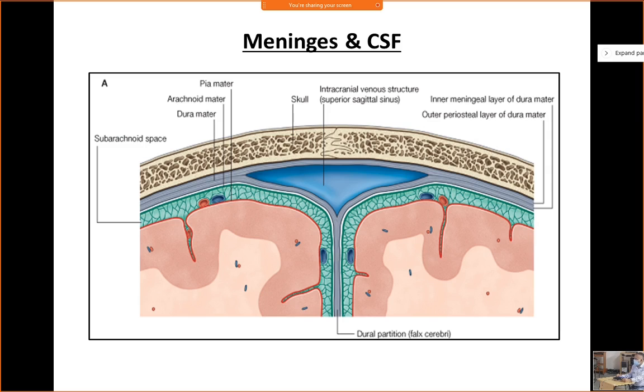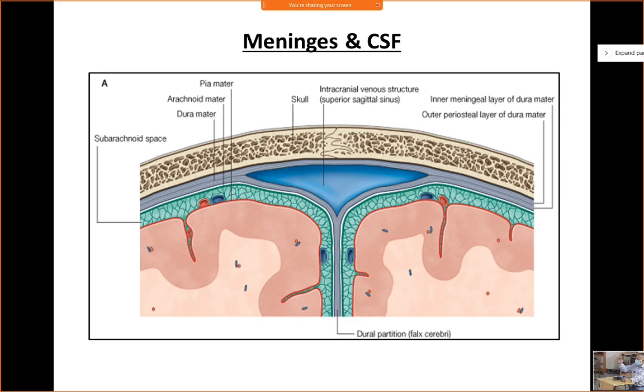Then the red line is our pia mater. Then the pink color structure is the brain, that is your cortex, the surface of our brain or central nervous system. Here you see the red line covering very intimately.